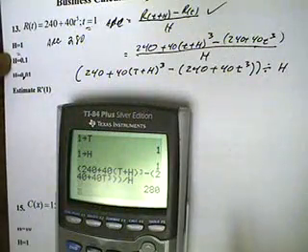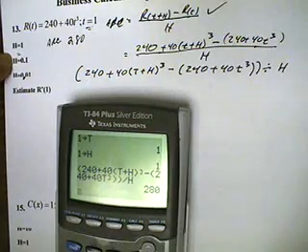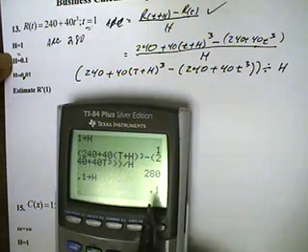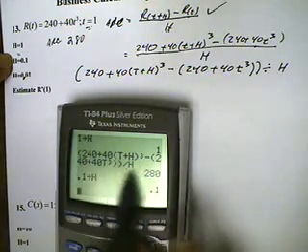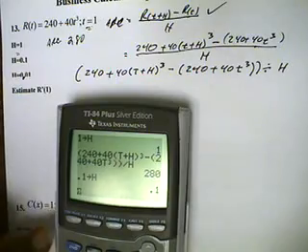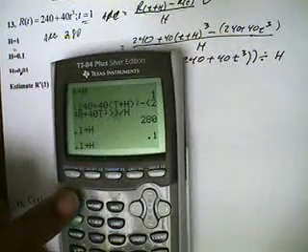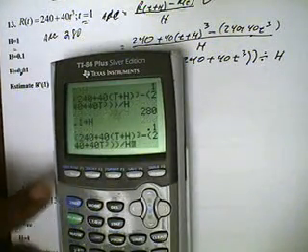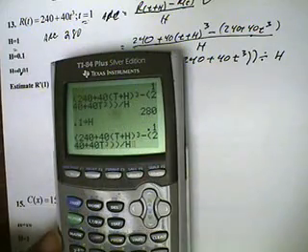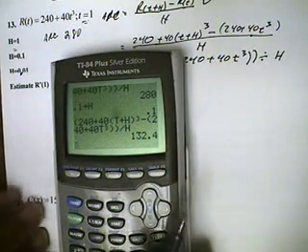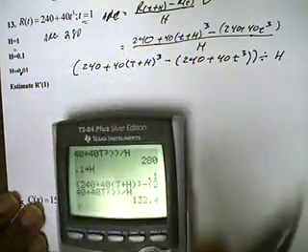Now I'm going to change h into 0.1. So 0.1 store into alpha h. Now I want to bring my equation back, so I'll press second function, enter, and then second function, enter. And now my equation is back on my screen. I'll press enter, and now I got 132.4.